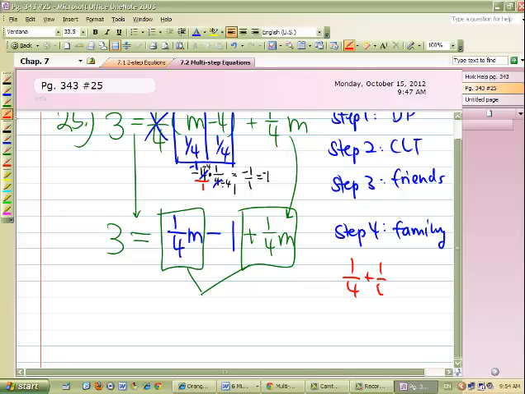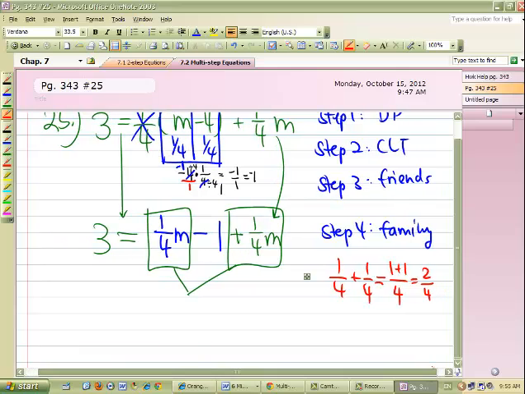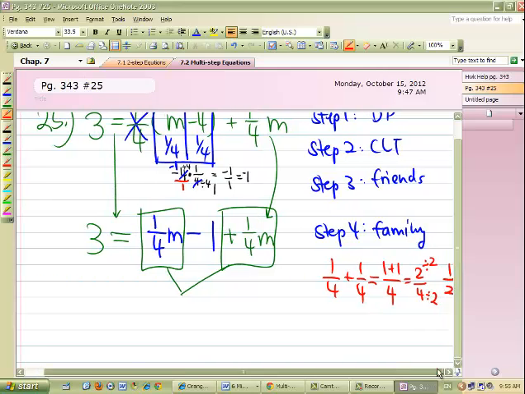When I add fractions, they must have a common denominator, and they both do because they both have 4. So I keep the denominator 4, but I must add the numerators. 1 plus 1 gives me 2 over 4. And that fraction can be simplified by dividing numerator and denominator by 2, giving me 1/2. So these two combined is 1/2 m. Then I'm going to bring everything else down again, 3 and the equal sign and also the -1.